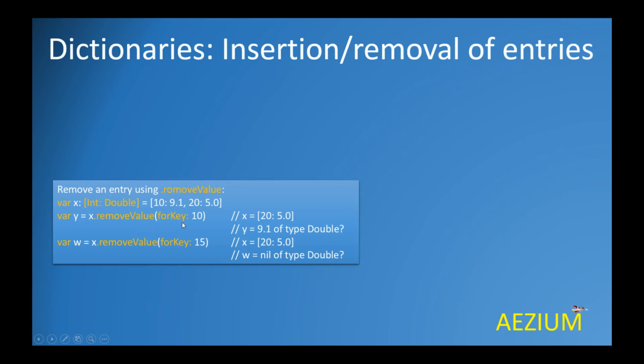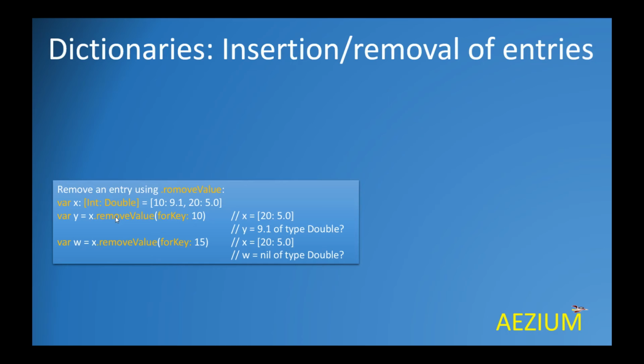As it is possible that the entry that we would like to remove does not actually exist, in other words, as it is possible that this key is invalid, the return value is going to be an optional type.